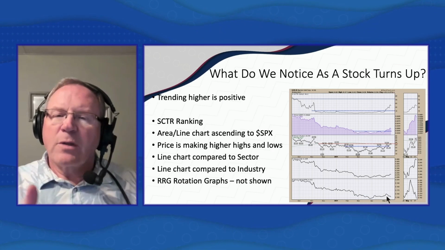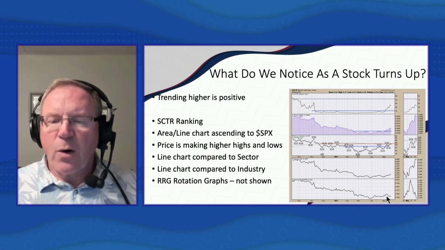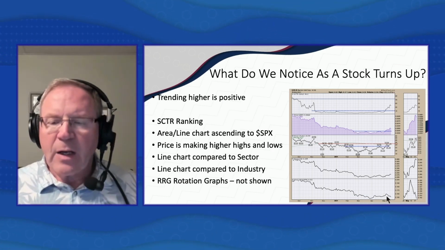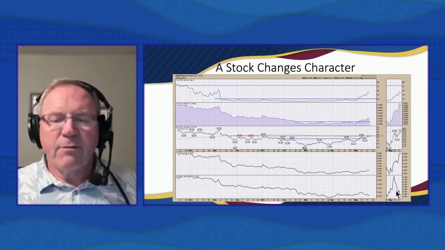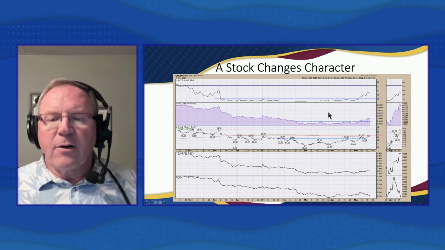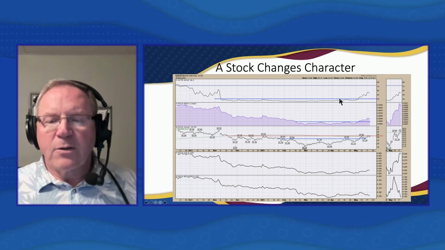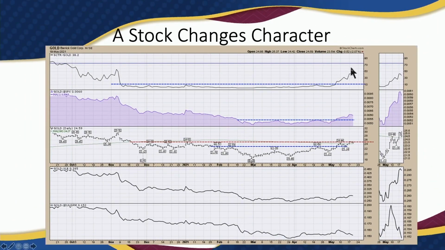Now what we want to do is take that and convert that to a scan. So how do we do that? So when I look at the stock, this is a zoomed-in version, what we can see here is we could scan for something that was really beaten down, starting to turn up, or we could scan for new relative strength improvements. And in this case, this is like 2.5 months of improvement in strength compared to the S&P 500.